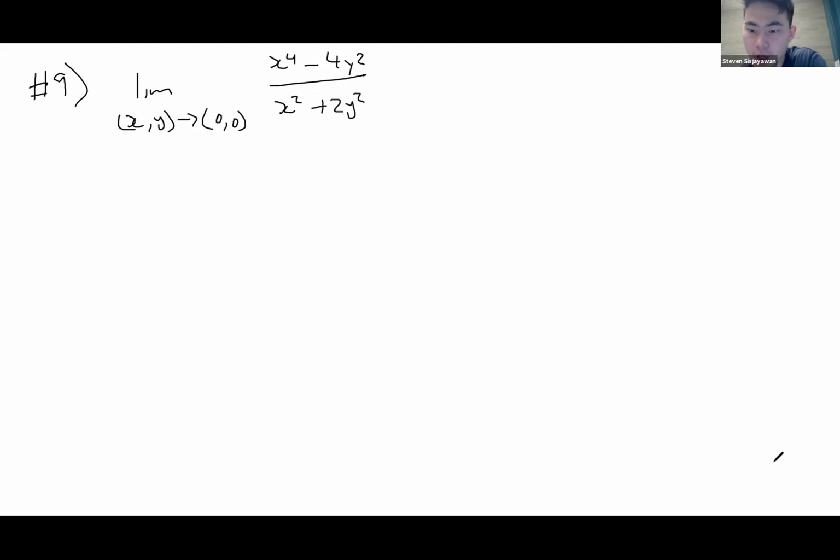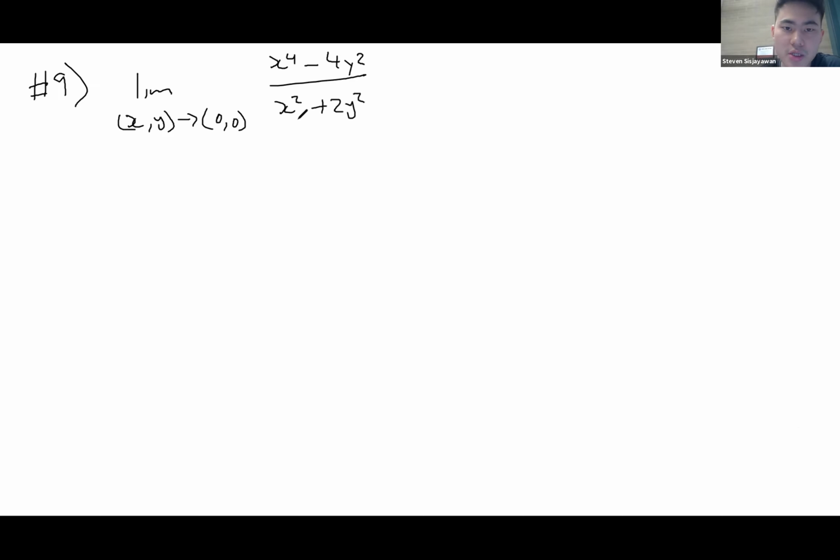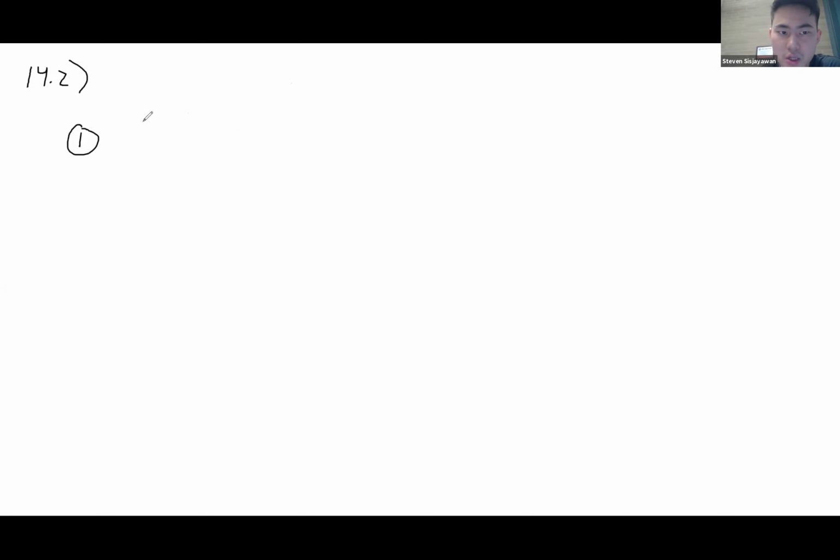All right. So I'm looking generally for something weird that can happen. Looking at this question, since the parent function is a rational function, this function is going to be continuous except for when the denominator equals 0, right? So those cases where you're dividing by 0, those weird cases that can come up.